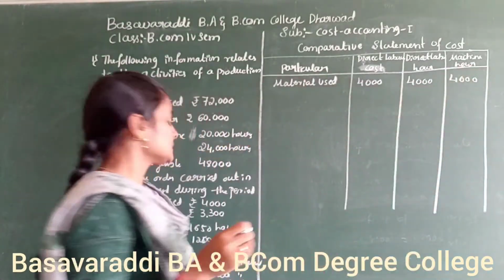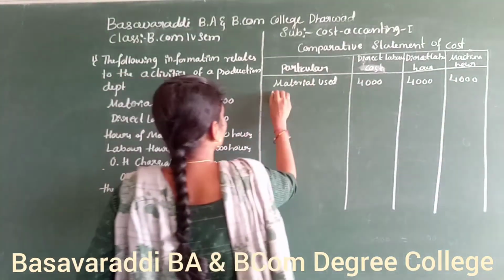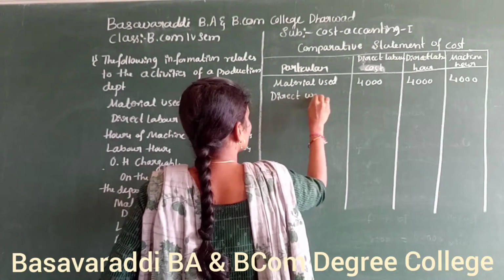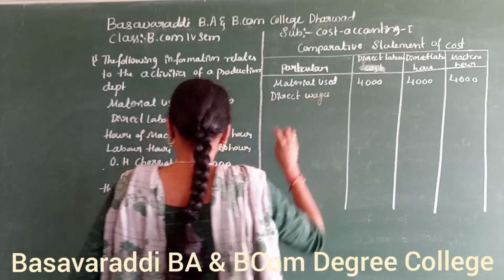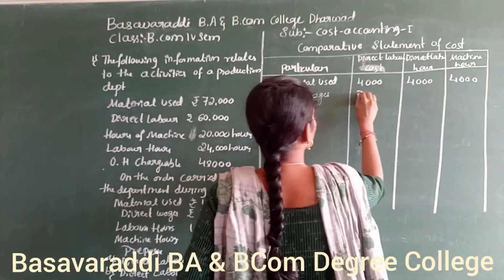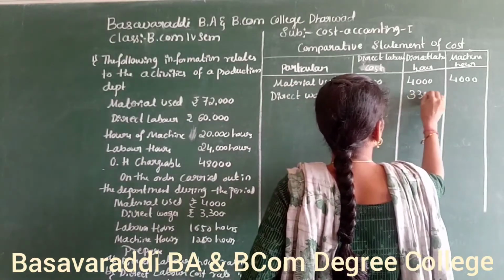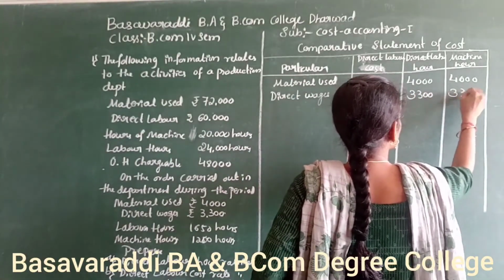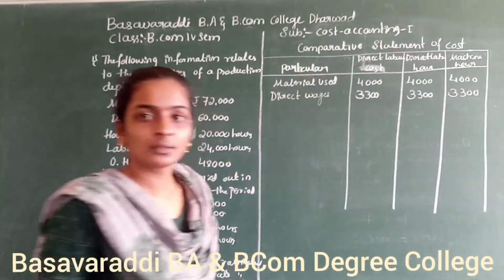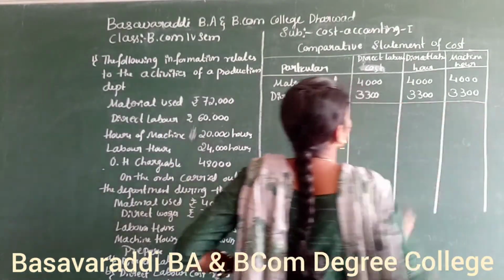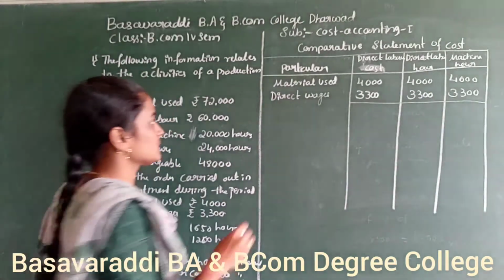The next one is direct wages, 3,300. Okay. The next one is we have to add these. We will get the prime cost.